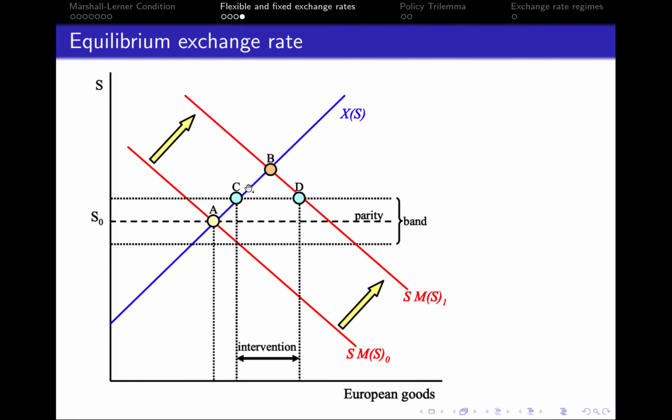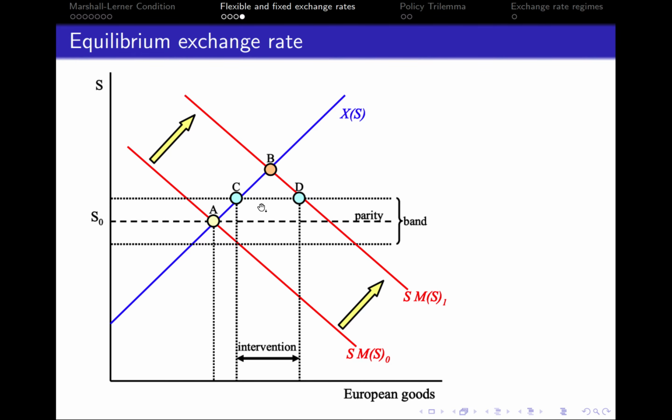By doing so, there will be more dollars on the market and fewer euros, which, if the intervention size in real terms is equal to this distance, will bring the exchange rate within the band acceptable to the European Central Bank.